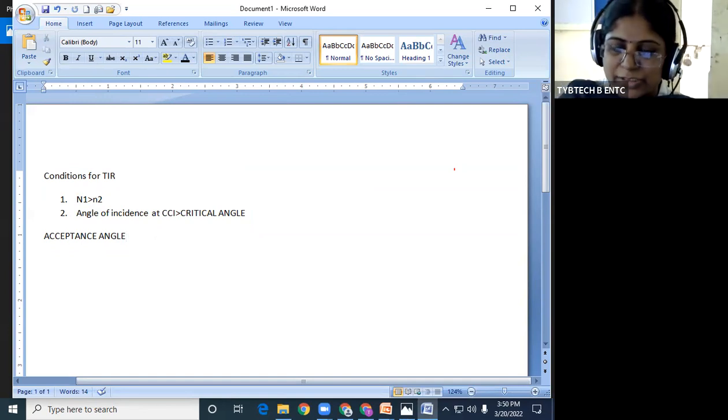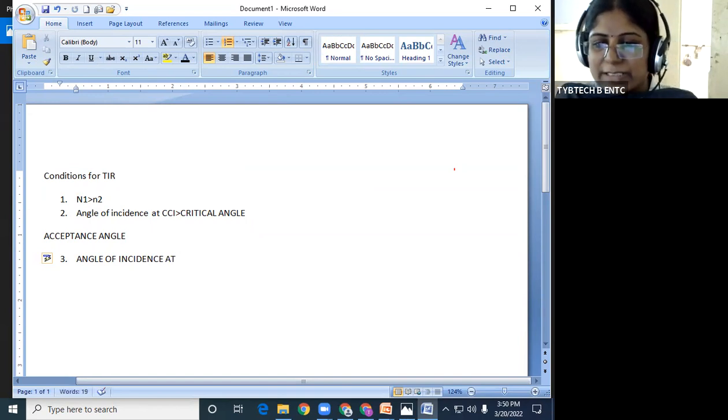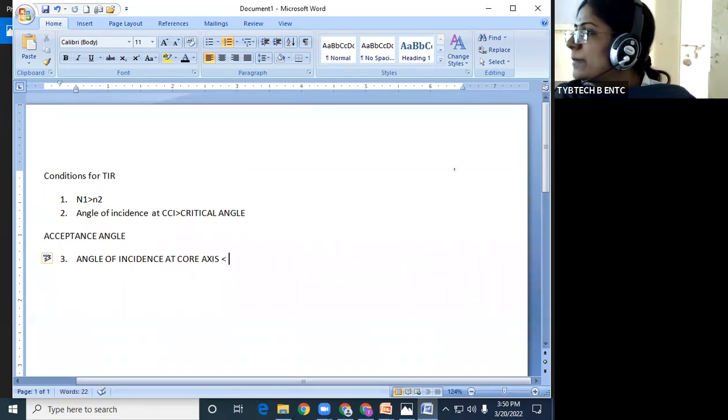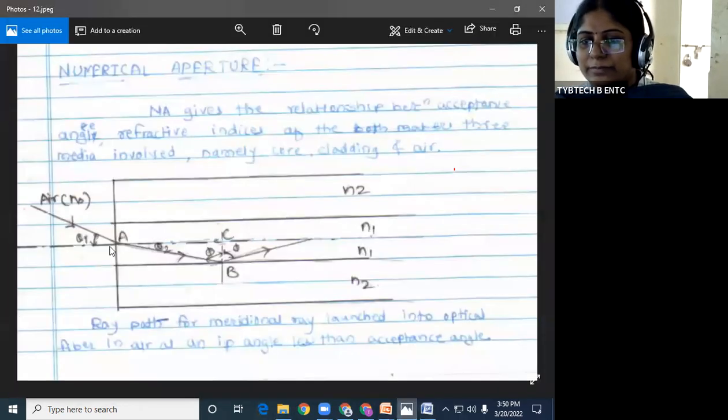And third condition I will write here, that angle of incidence at core axis should be less than what? कुठलं बघितलं आपण आता इथं angle?